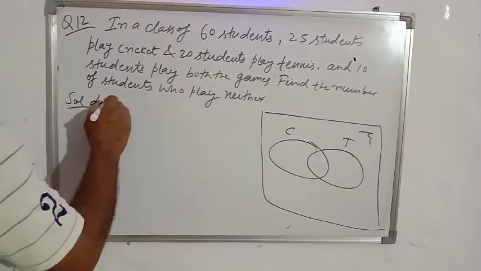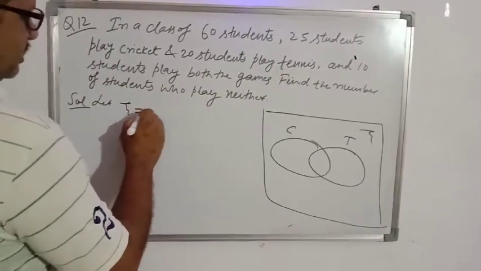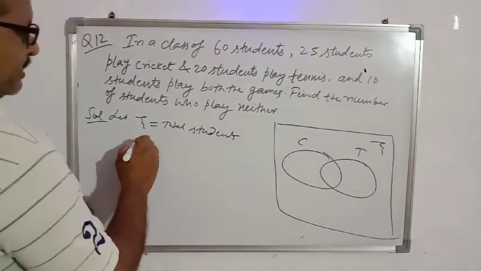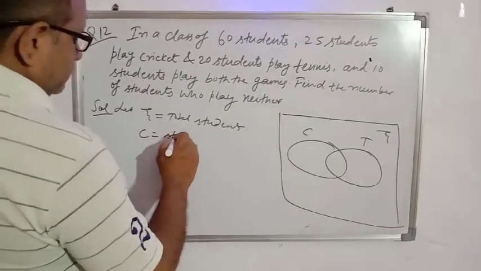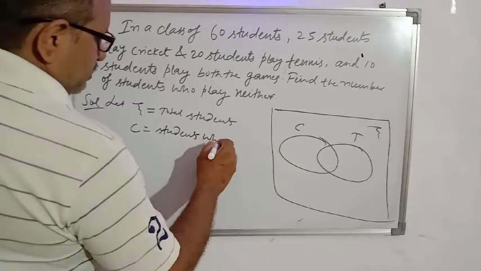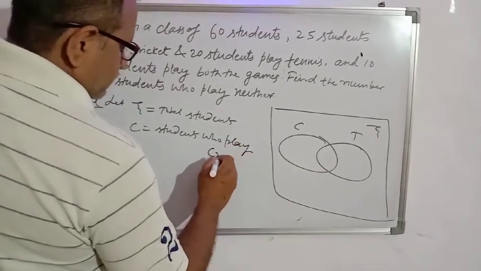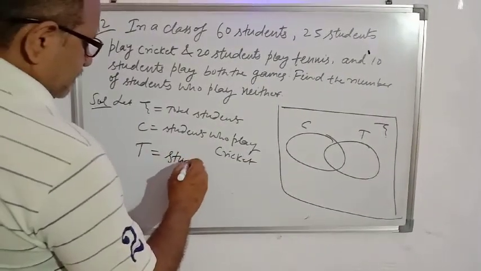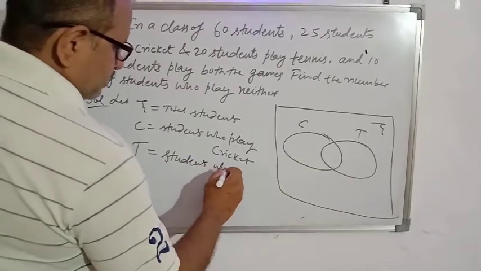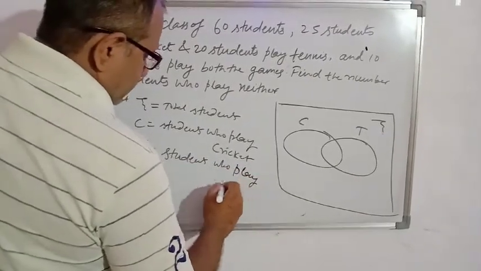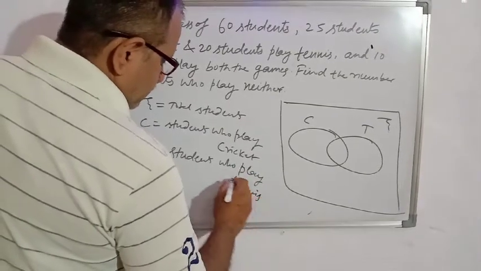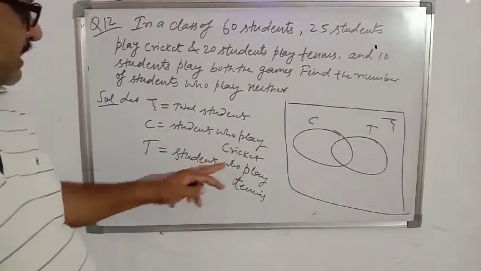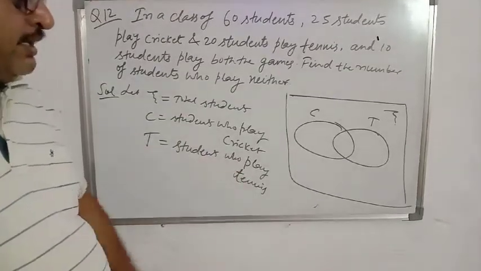Let the rectangle be the total students, C represents the students who play cricket, and T represents the students who play tennis.